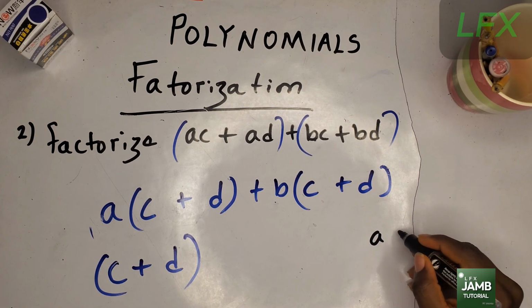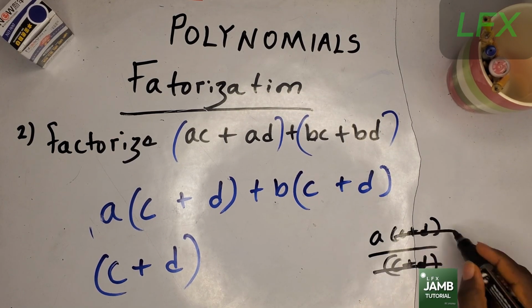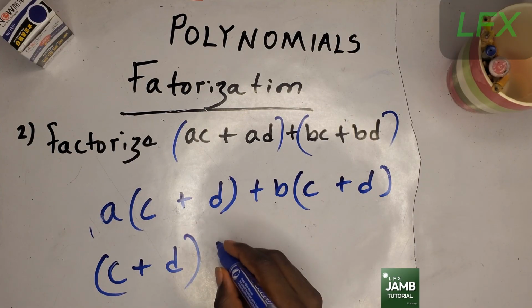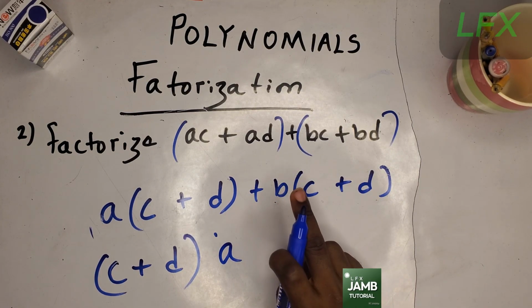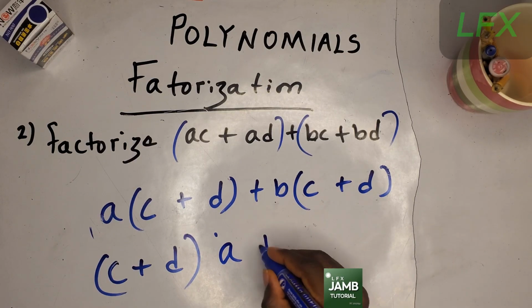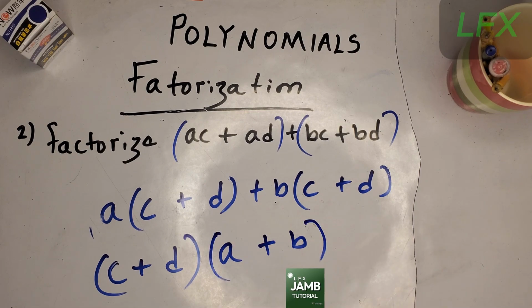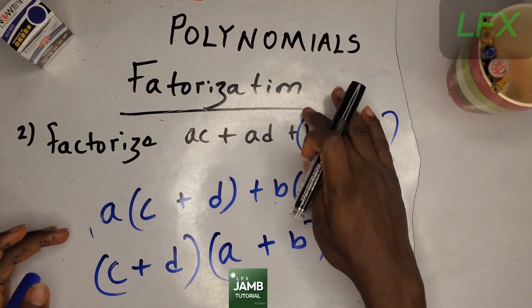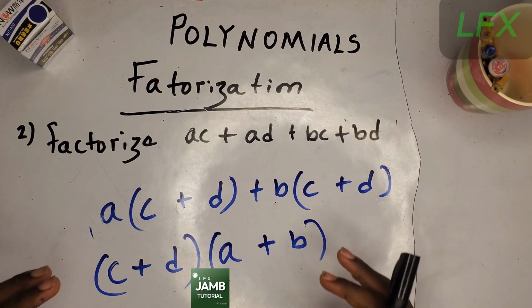If you have a(c plus d) divided by (c plus d), we are left with a. And b(c plus d) divided by (c plus d) gives us plus b. And this can be multiplied with a plus b, and that's why it should be encapsulated in brackets. So our answer for factorizing ac, ad, bc, bd is (c plus d)(a plus b), written in this manner.